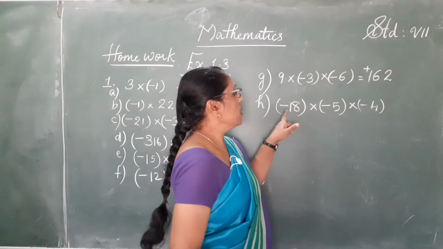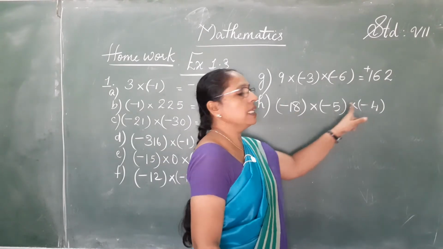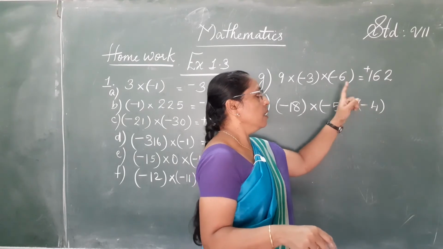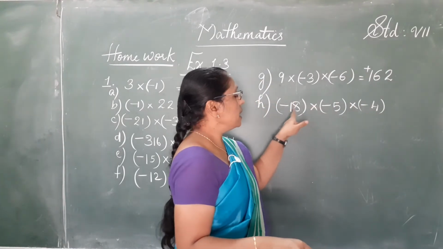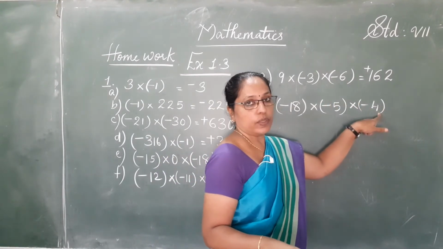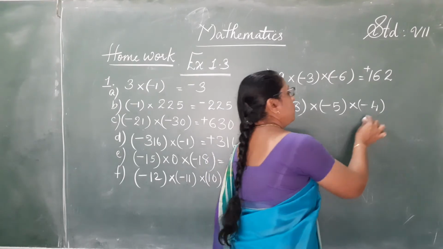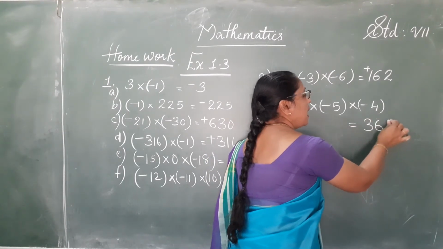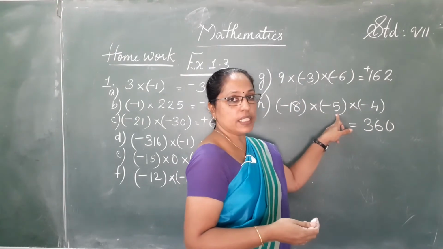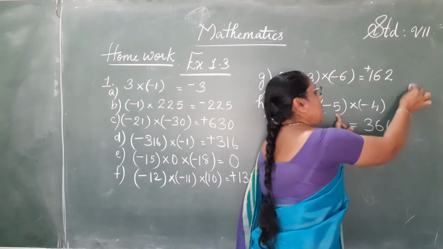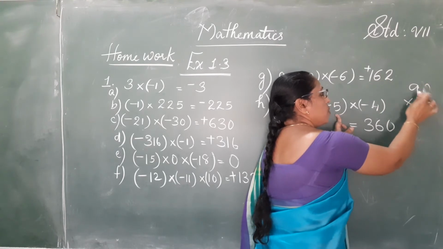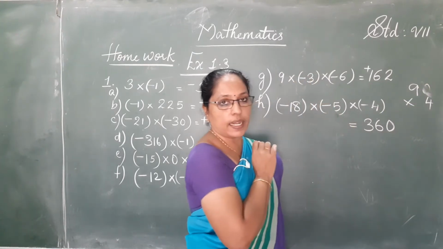Here, first multiply the numbers and then check the signs. 18 into 5 is 90. 90 into 4: you can avoid the 0, 9 fours are 36, then add the 0, 360.